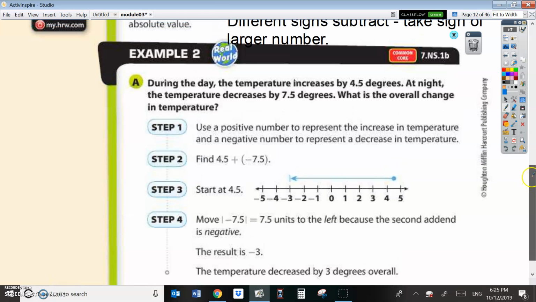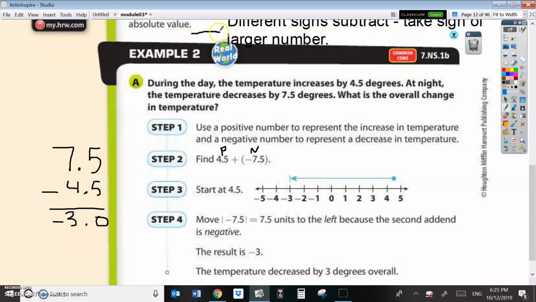So you can use a number line again, but remember that this is positive and this is negative, so you need to subtract. So 7.5 minus 4.5, 3.0, and it needs to be negative 3 because you're taking the sign of the larger number.